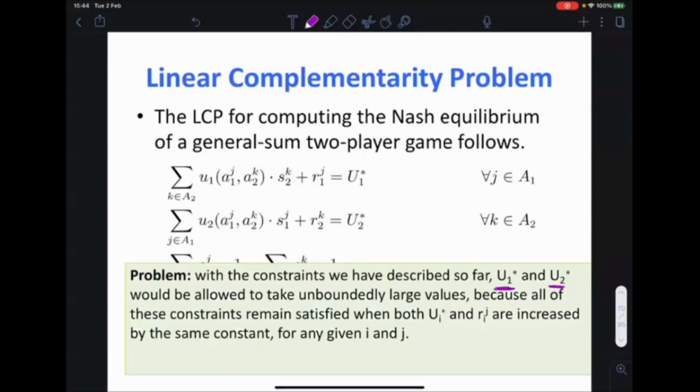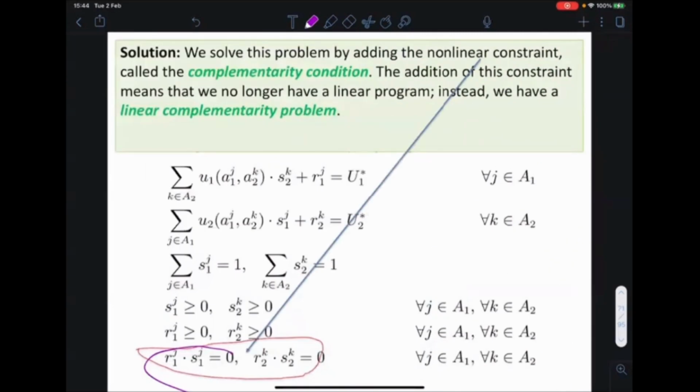It could take an unboundedly large value, because when you take a quite large value, you can always make this large value another solution. Therefore, you will have an unbounded large value. But adding this wouldn't allow that to happen anymore, and it actually reinforces that kind of relationship.